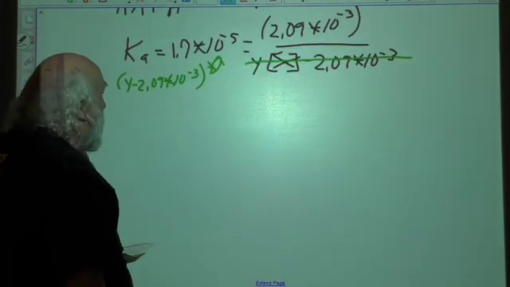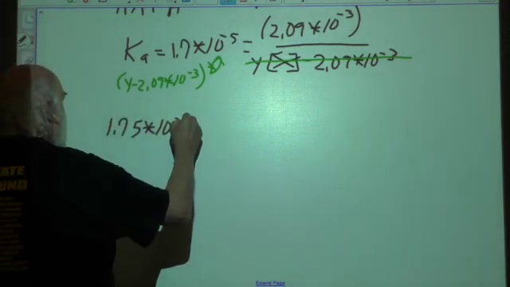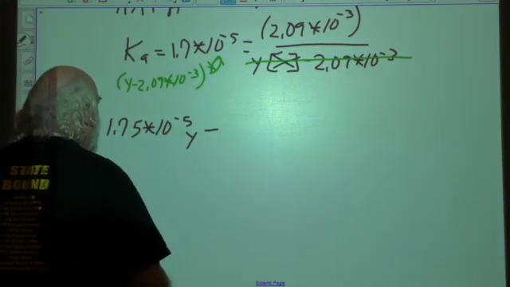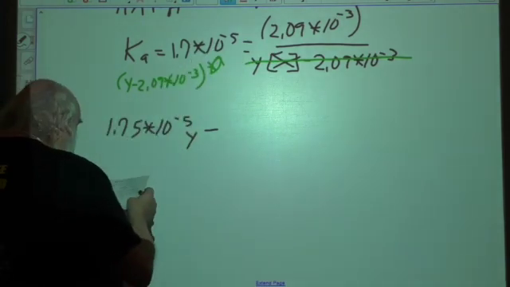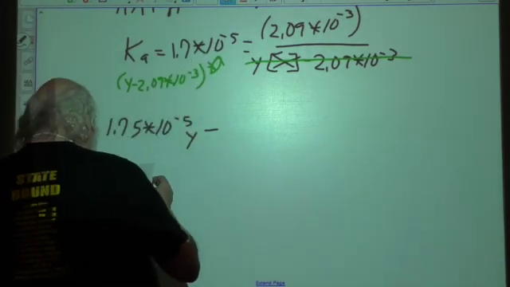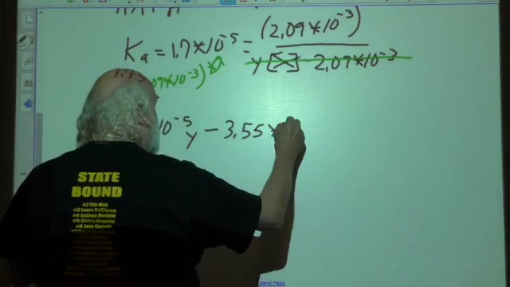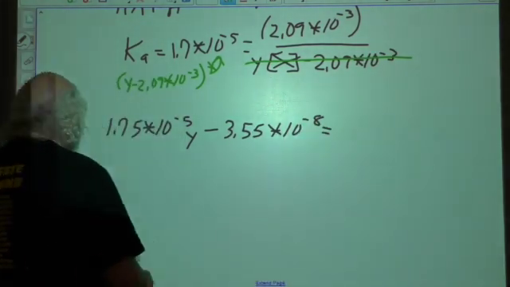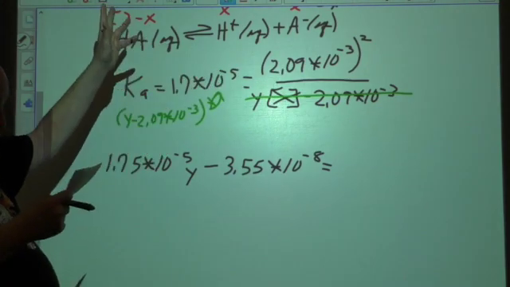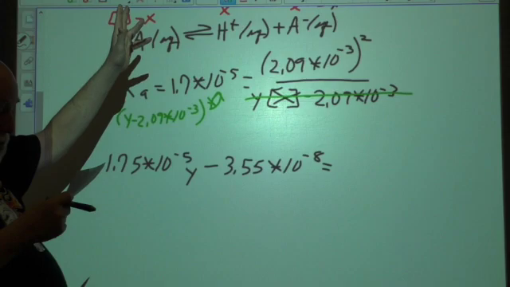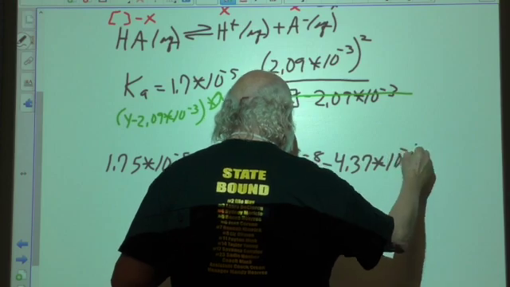So, this is going to give me 1.7 times 10 to the negative 5 Y. And the negative 2.09 times 10 to the negative 3 times that gives me 4.3, no it doesn't, 3.55 times 10 to the negative 8 equals, and then I'm going to get 2.09 squared, and then negative 3 squared, which is going to give me 4.37 times 10 to the negative 6.